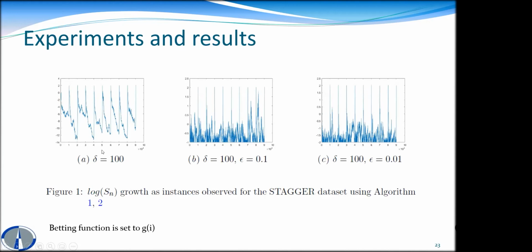Here we show a graphical illustration of the Martingale growth for the staggered data set. As we can see here, we train our algorithm. Then we try to find the causal drift. The causal drift is detected here. Then again, we try to find a causal drift, but the Martingale is very low here. A causal drift is detected here, and so on. As you can see here, the Martingale takes very small values.